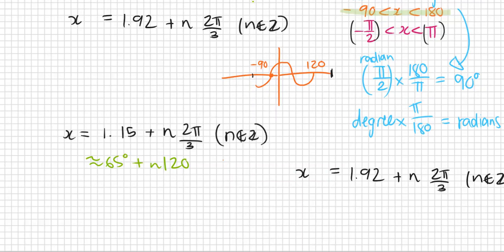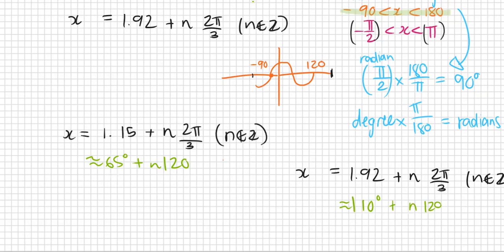If you are more comfortable with radians, just skip ahead to the end. This is about 110 degrees, more or less. And 2 pi over 3 is 120 degrees, excuse me. Putting it in degrees just helps me to draw it out.